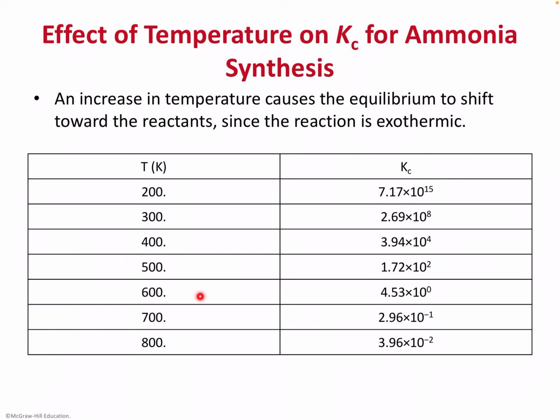And you can see the temperatures are increasing and the Kc is decreasing. Okay, so at lower temperature, it has a higher equilibrium constant and you can have a higher yield. An increase in temperature causes the equilibrium to shift toward the reactants since the reaction is exothermic. Okay, Kc decreases. That's correct.